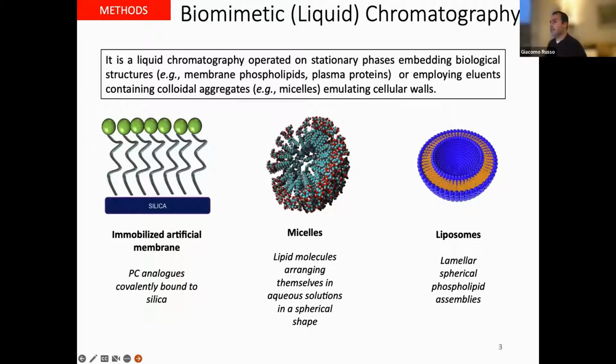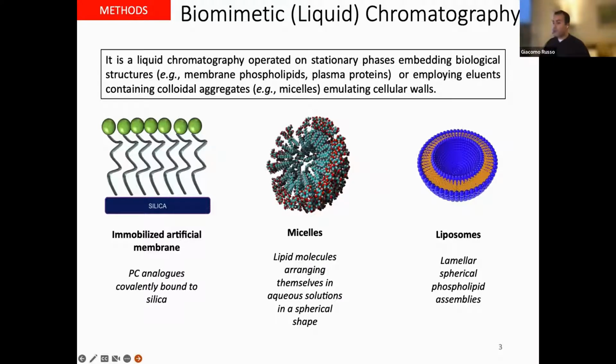It is typically a liquid chromatography which is operated using stationary phases supporting biological constituents, for instance, membrane phospholipids or plasma protein, or alternatively, it is generated by adding to the mobile phases ingredients which are able to create in solution colloidal aggregates, for instance, micelles, able to emulate the cellular leaflets of eukaryotic organisms.